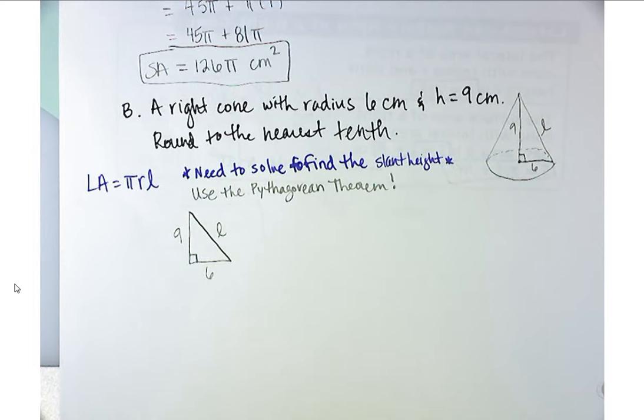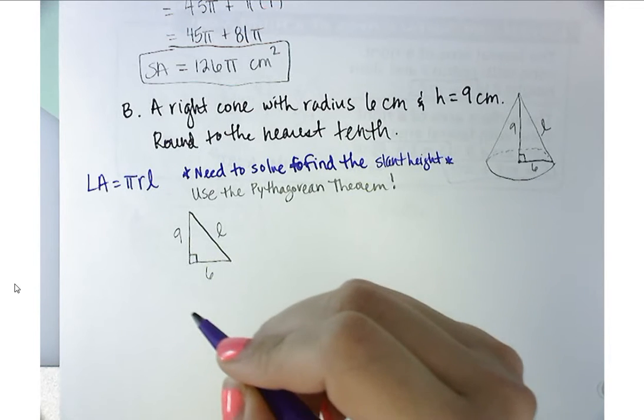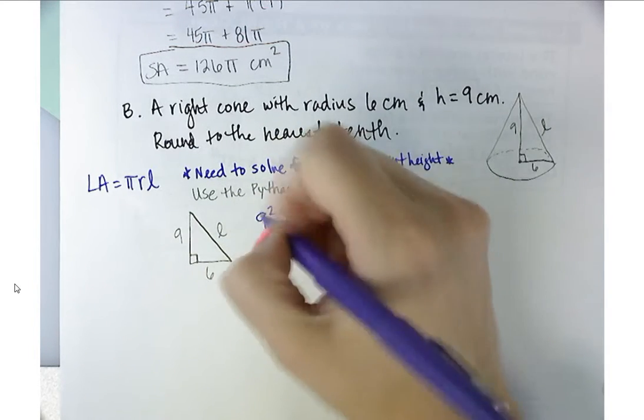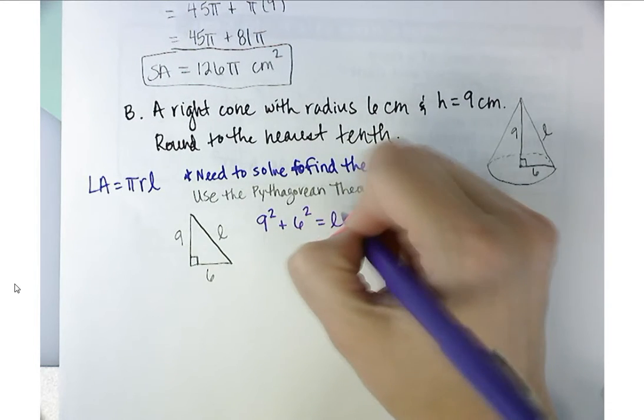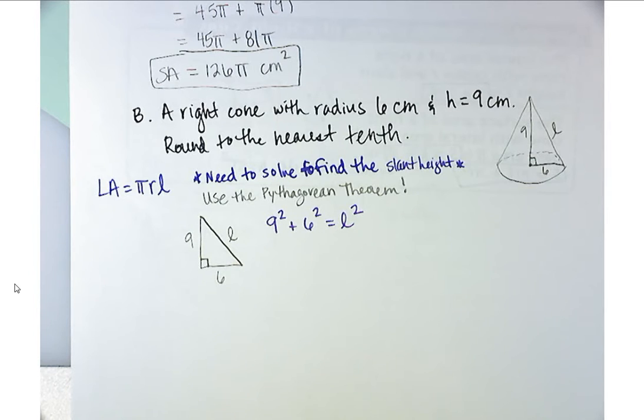It's 9 times 6 equals C. So make sure you square them. It has to be 9 squared plus 6 squared, and that's going to equal your slant height squared. So this is your A, this is your B, this is your C, and then we're going to solve that for L.